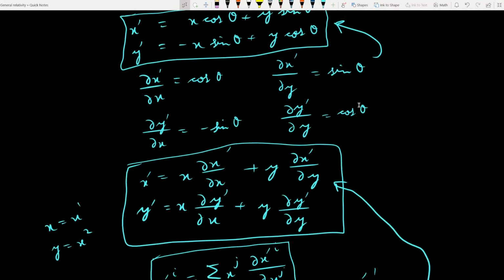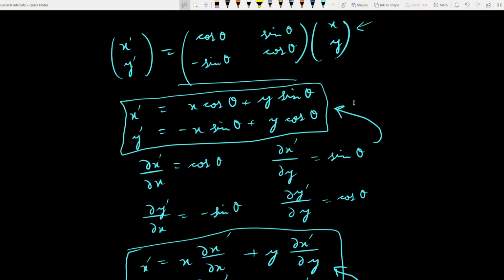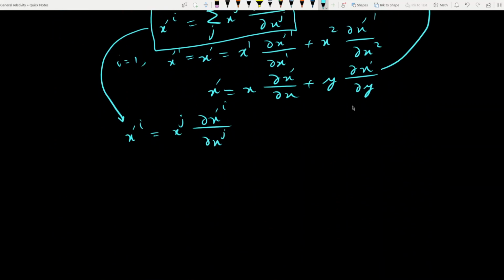So if we maintain all of these equations, then for the components of the vector we can write another equation, say a primed alpha is equal to, this is basically the same equation but in terms of the components of the vector.